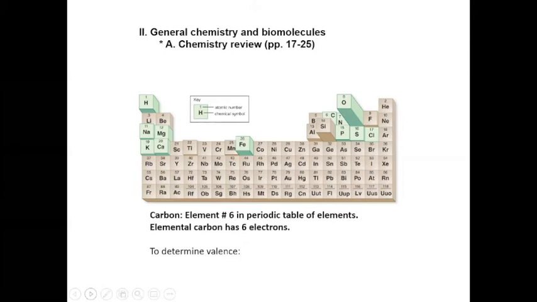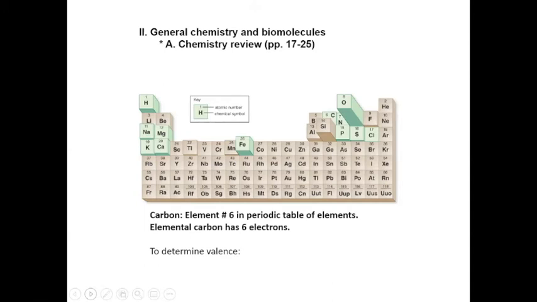So when you see the valence, count up the number of valence electrons that an element has. That tells you how many bonds it can possibly form with other atoms. That's important.